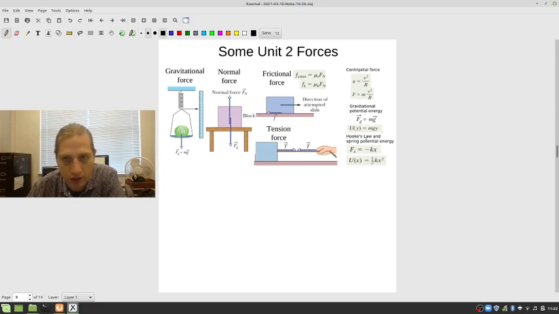We also talked about spring forces, having to do with the stored energy of the k, which is called the spring constant. And then we also talked about problems involving things going around in circles at constant speeds. And in that case, you can figure out what the net force is, which is called the centripetal force, because that net force is always changing direction, always directed towards the center of the circle.